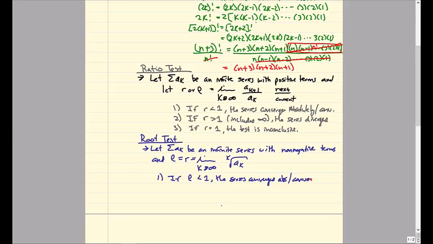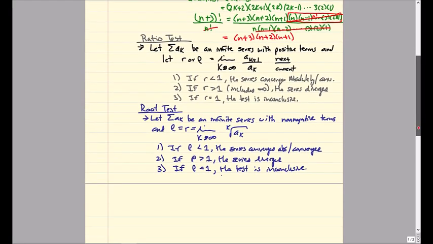Or we can just say converges as well. Second, if R or rho is greater than 1, the series diverges. And of course the third case is going to match. If R or rho equals 1, the test is inconclusive. Okay, so that's what we have going for us so far, the ratio and the root test.